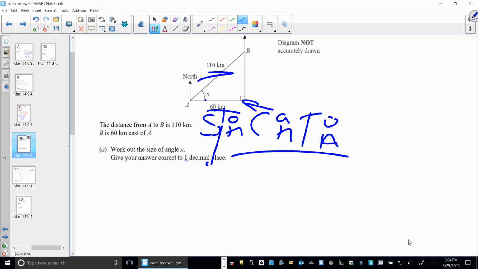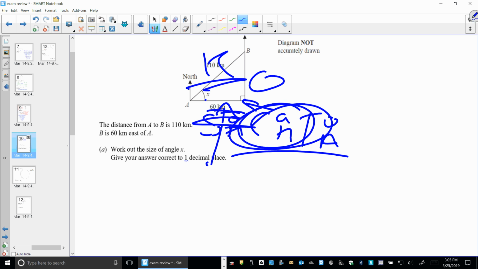Okay, so because we have an angle, opposite to it is the O. This is the H. This is H, and this is the O, and this would be A, and because we have A and H, we're using cos.